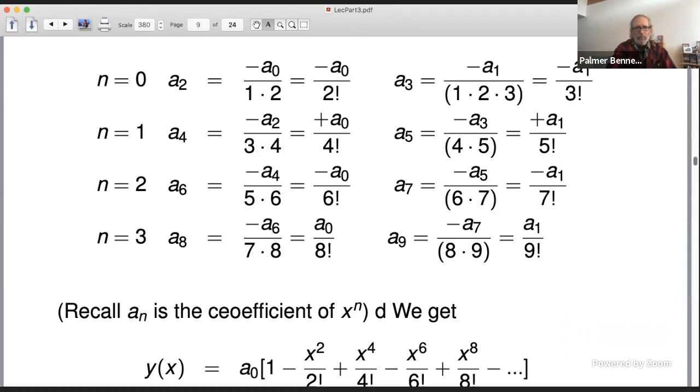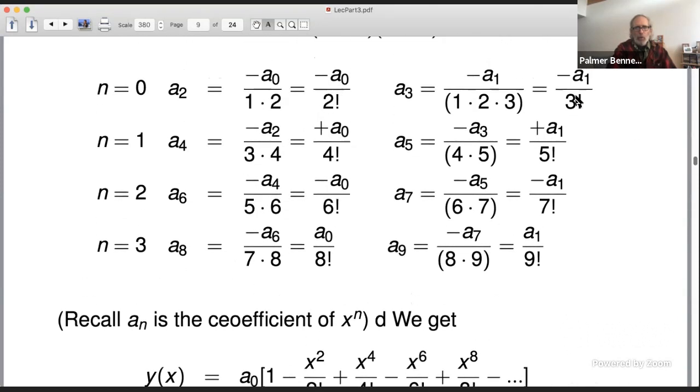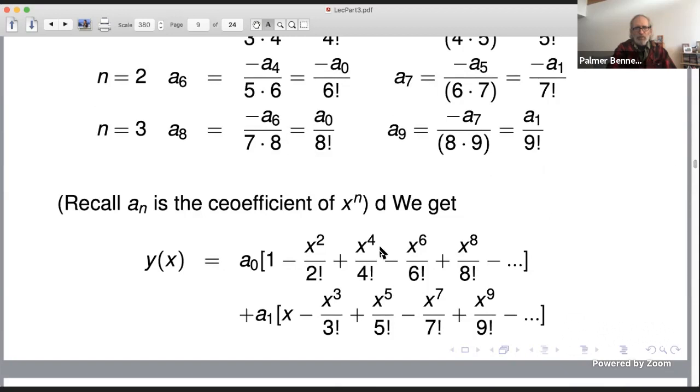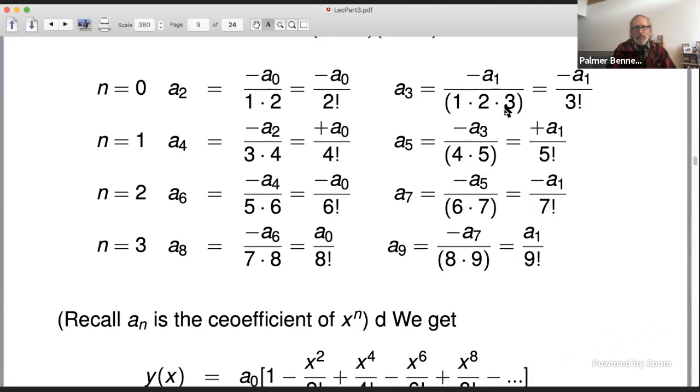Okay. And the other coefficients, the ones with odd index, all have the A1 in front. A1 is the coefficient of x to the 1st, so you have to put that x to the 1st there. A3 is the coefficient of x cubed, so you're going to get negative x cubed over 3 factorial.